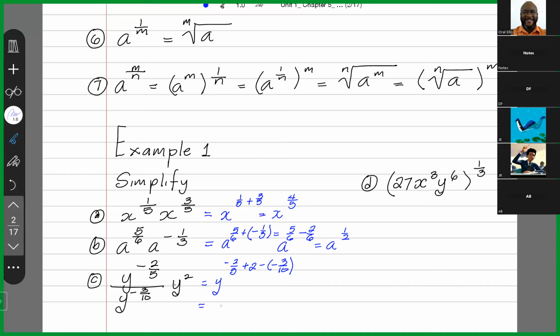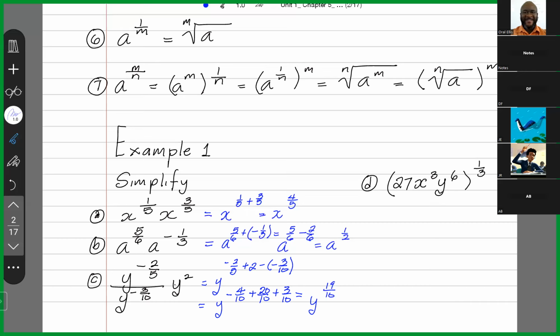So this is y to the minus 2/5, plus, let's convert the 2/5 to 4/10. So 2/5 is the same as saying 4/10, plus 2, which is the same as saying 20/10, plus 3/10. So 20 plus 3 is 23, minus 4. So your final answer is y to the 19/10.